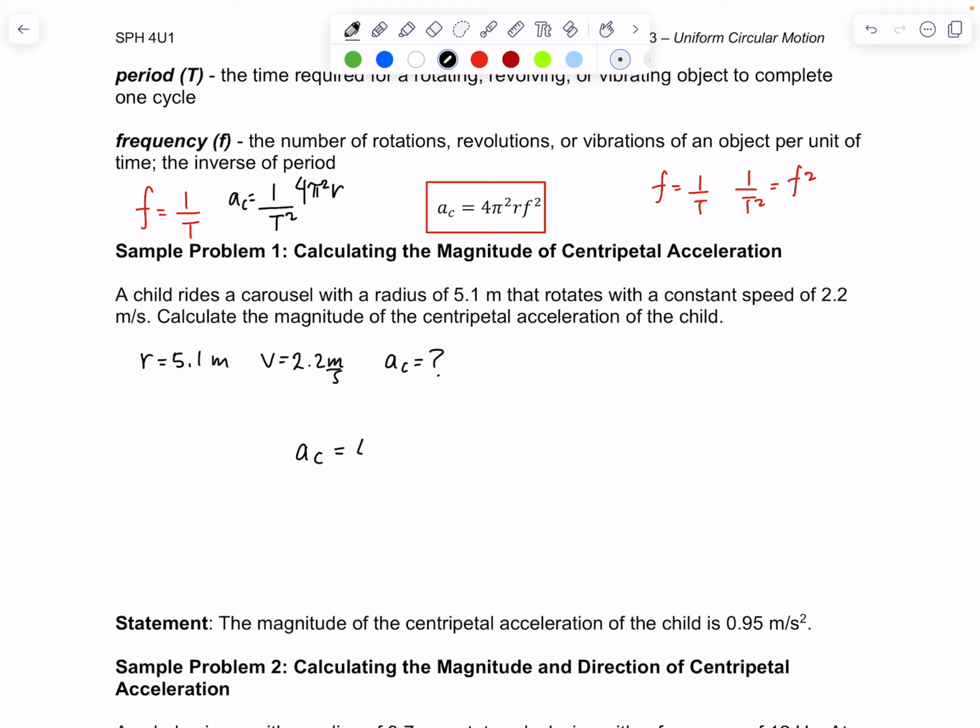Centripetal acceleration equals 4 pi squared r f squared. If we sub these values in, actually I'm going to go back a bit and use our original equation, v squared over r.